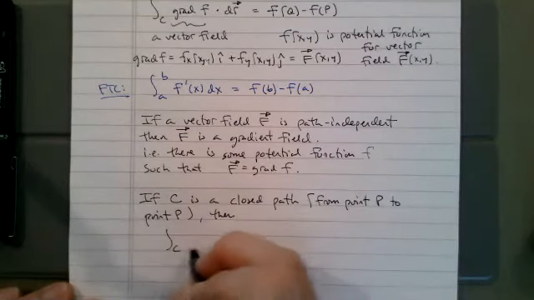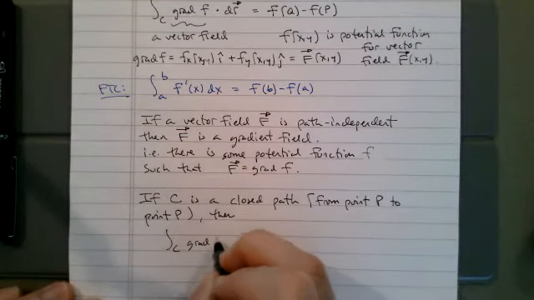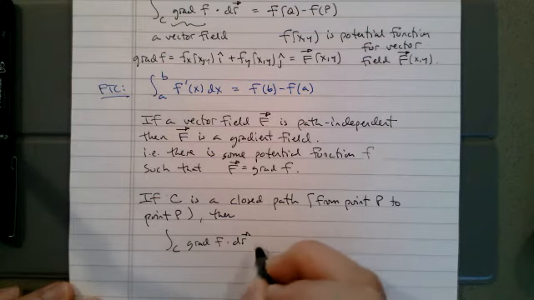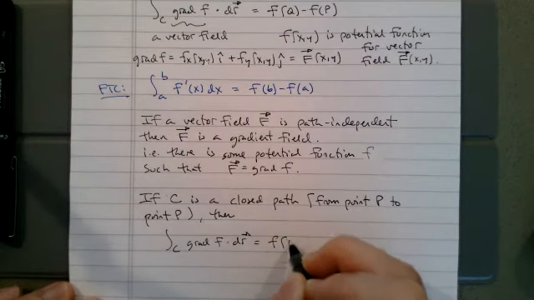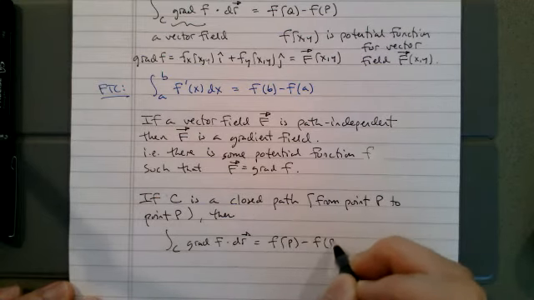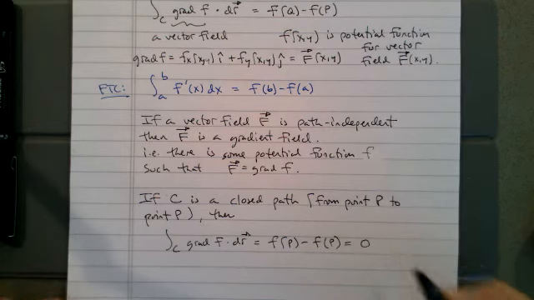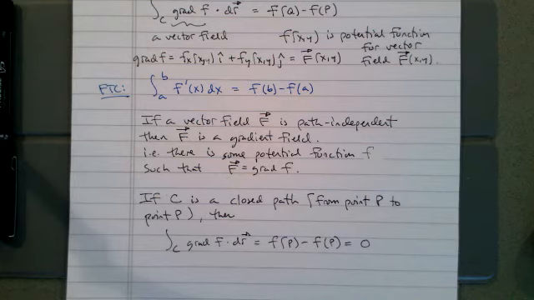Then the integral over C of the gradient f dot dr will be f at P minus f at P, because we have a closed path, and so we'll end up with 0. So if we just go around a loop in a vector field, then our line integral is going to be 0.